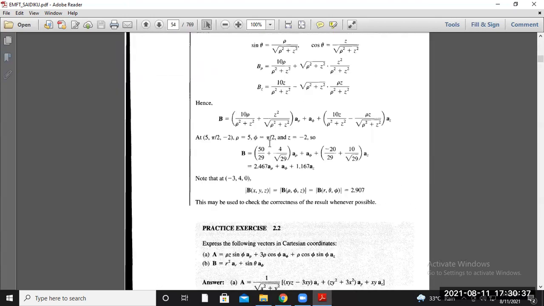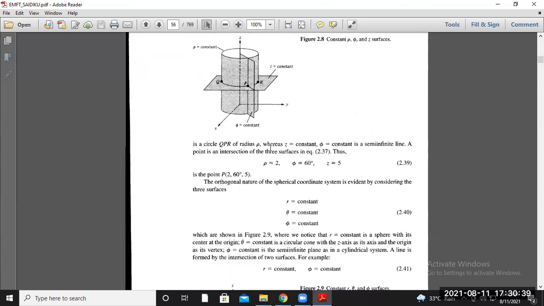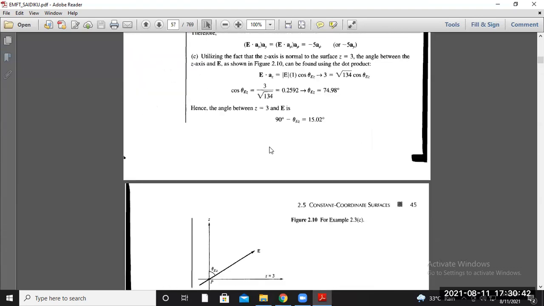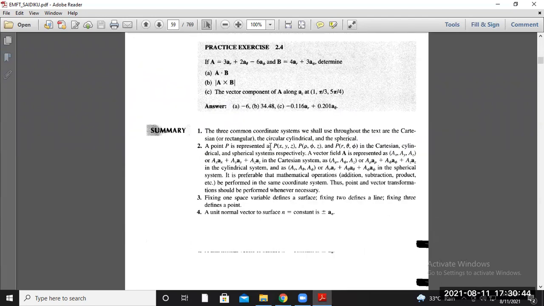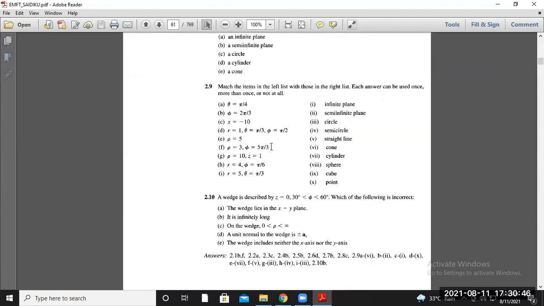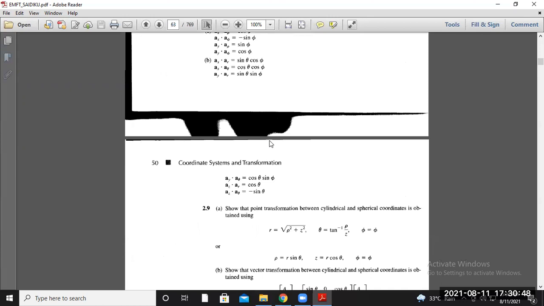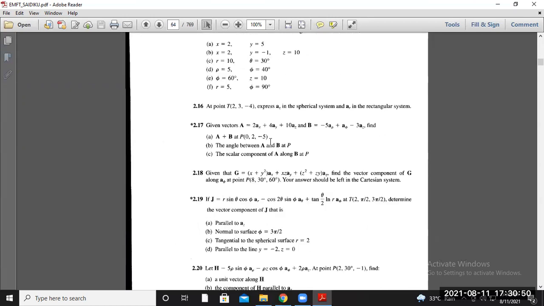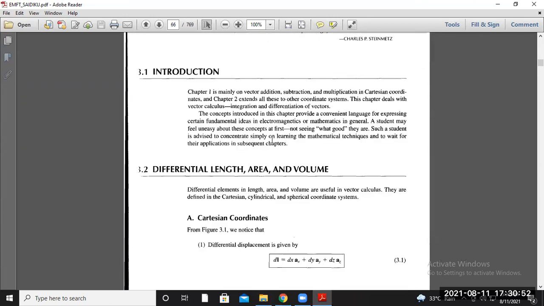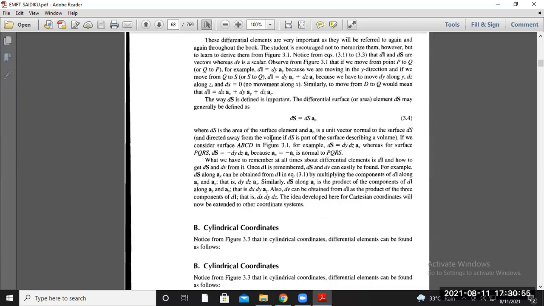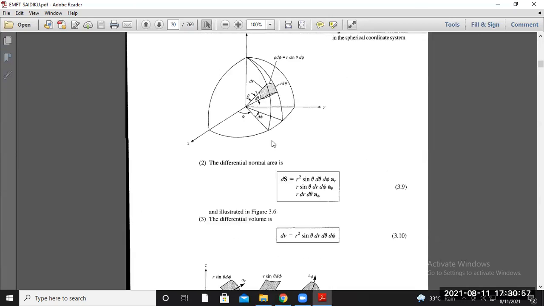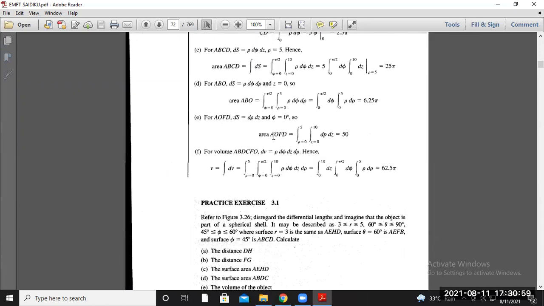These are numericals from your unit 1. We have discussed this unit 1 in detail, so I'm not going to repeat it. Use this numerical format. We are going to discuss some electrostatic field numericals, that is, electric field intensity due to line charge numericals.